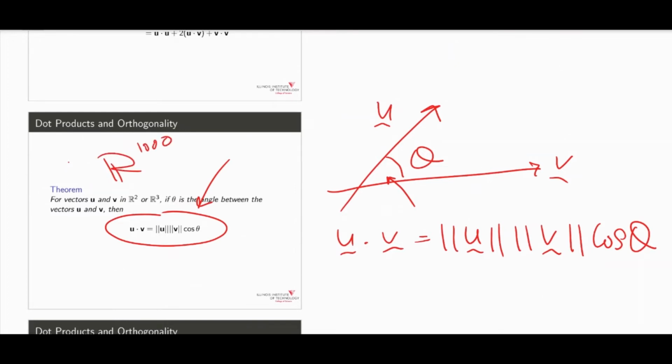What is R1000? Can't imagine it, but suppose we can. It should be an angle between those vectors, and that angle is still given by this. So this is a definition, not a theorem, because we can't really do the proof in Rn. We can still talk about the angle, but the angle is now given by that.